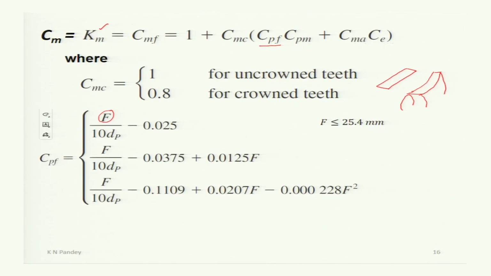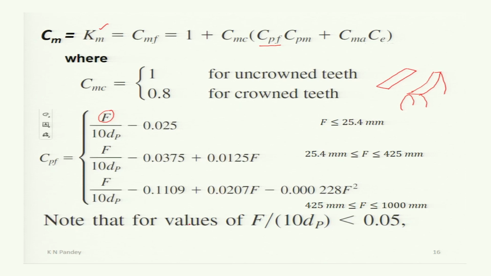So, depending on the face width, if it is less than or equal to 25.4, this formula. If it is greater than 25.4 but less than or equal to 425 mm, then this formula. If it is in the range of 425 to 1000 mm, then this formula.